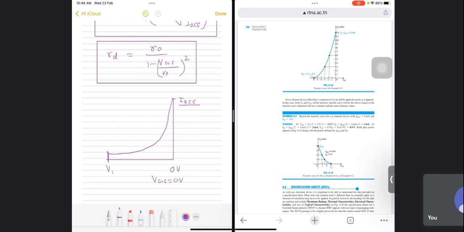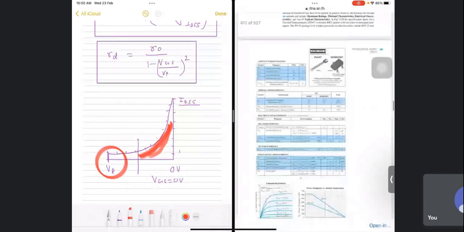And this is pinch off. So current is like this: 1, 2, 3, 4, 5, 6, 7. This is very important if you see.